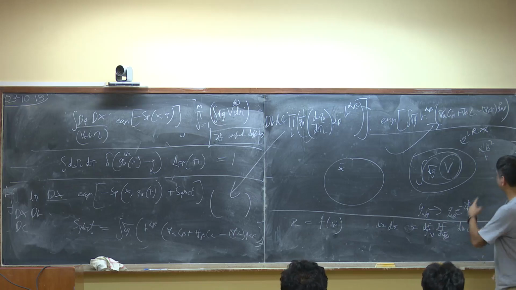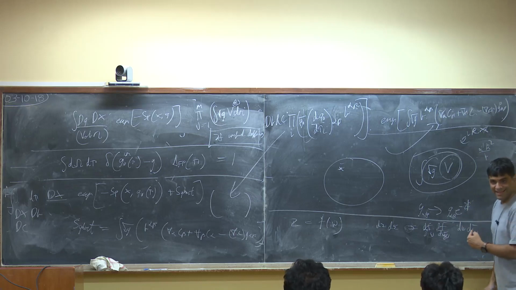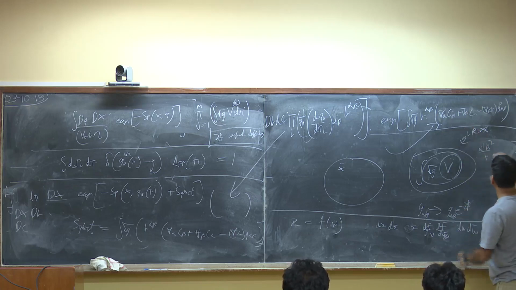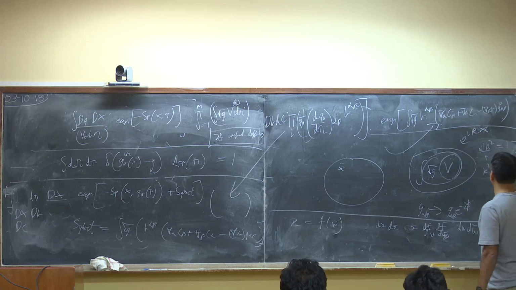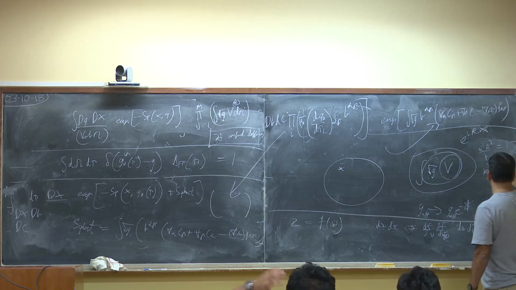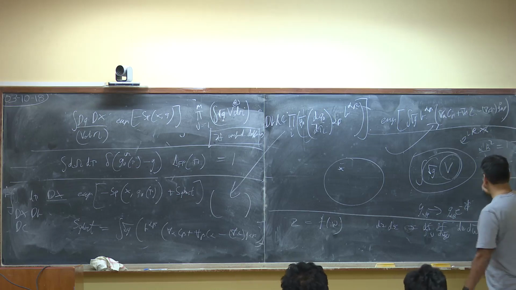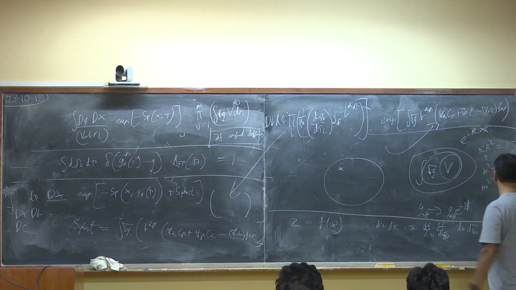So the simplest 1,1 vertex operator is this with alpha prime k squared by 4 equal to 1. So k squared is equal to 4 by alpha prime. This is m in our on-shell condition. M squared is equal to minus 4 by alpha prime.